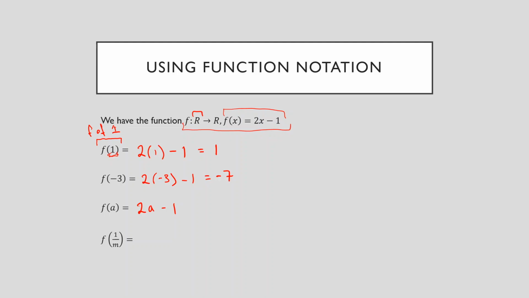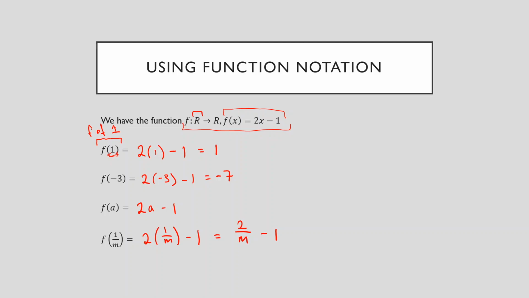All right, and the last one here, same thing. You just replace the x with whatever's in the brackets. In this case, 1 over m. So you're going to get something like 2 times 1 over m minus 1. You could write this as 2 over m minus 1. That's probably the best thing you could do here.